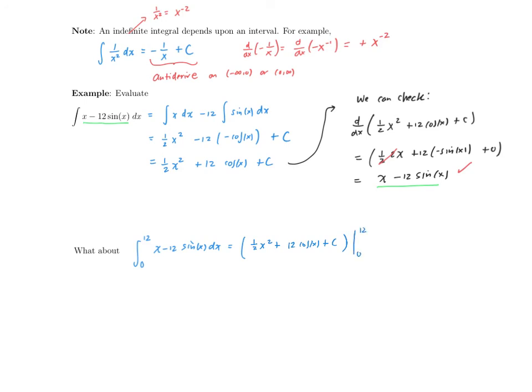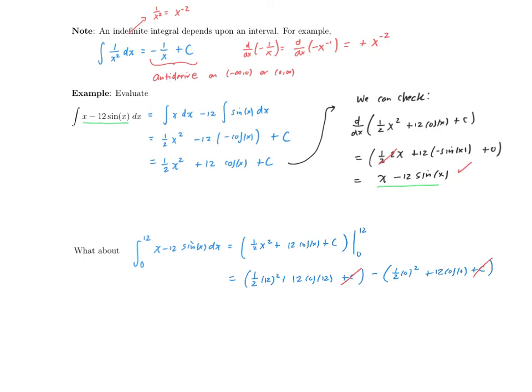We substitute in that upper limit of integration, 12 in this case, minus sign, and we substitute in 0. And note the relevance of the plus c. It cancels. It's irrelevant.